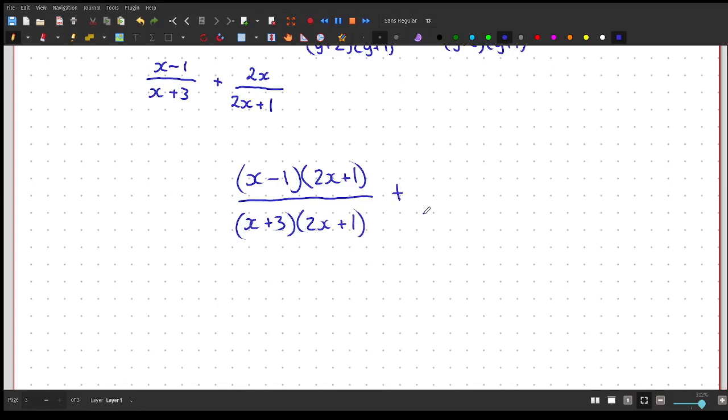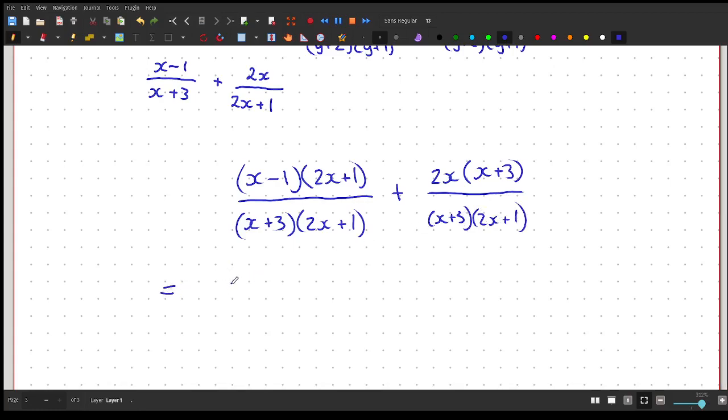Add 2x, take the denominator from the other fraction, x plus 3, over x plus 3 and 2x plus 1.